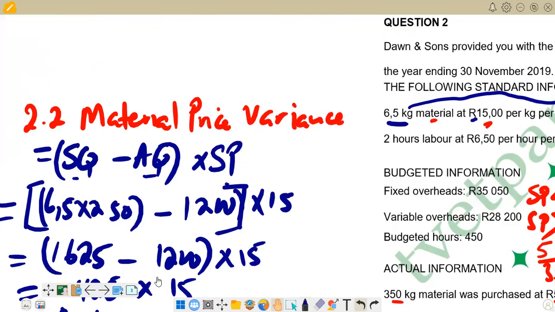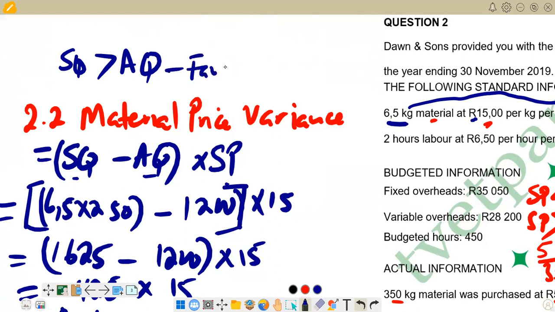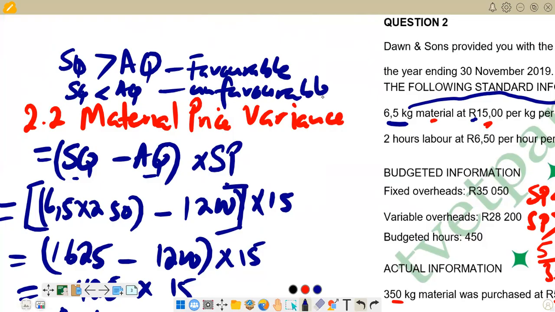In this case, the standard quantity is 1,625, which is greater than the actual quantity of 1,200, so we have a favorable variance. The opposite is true: when the standard quantity is less than the actual quantity, we have an unfavorable position. As simple as that. This is what we have for 2.2.